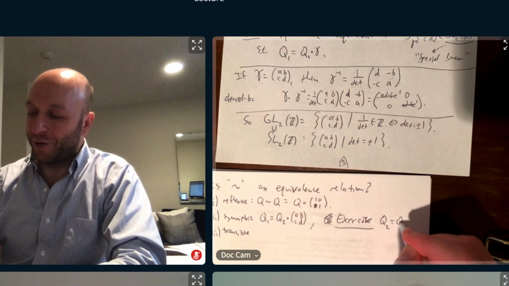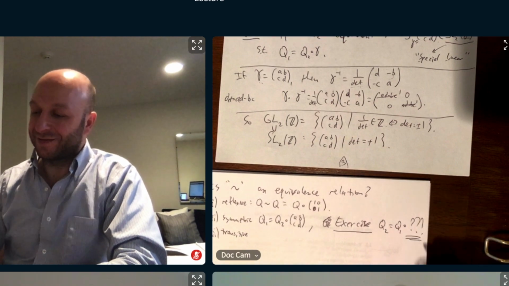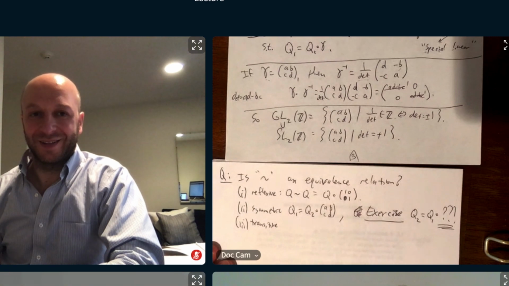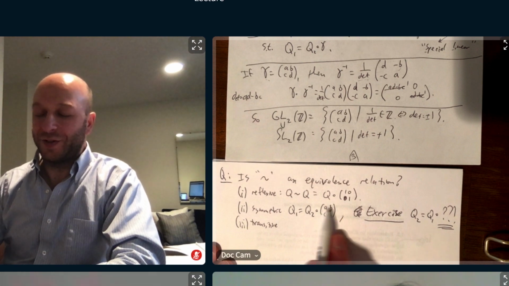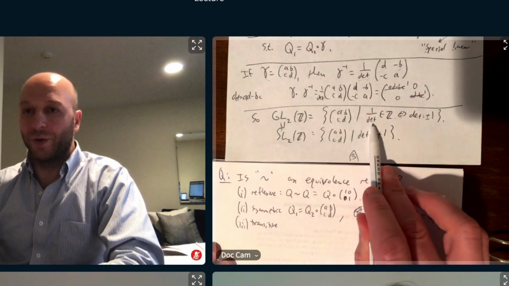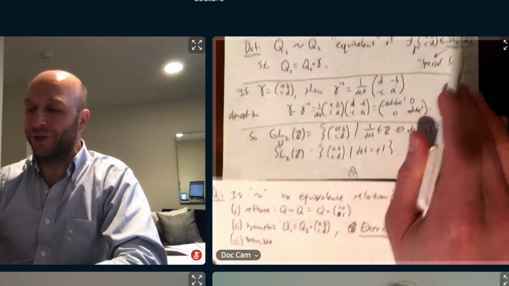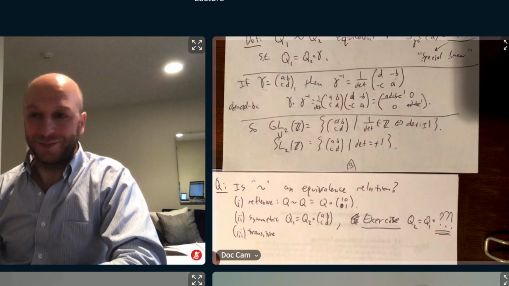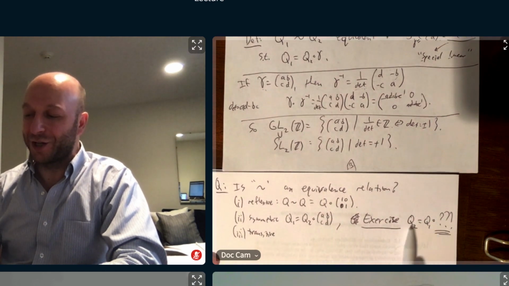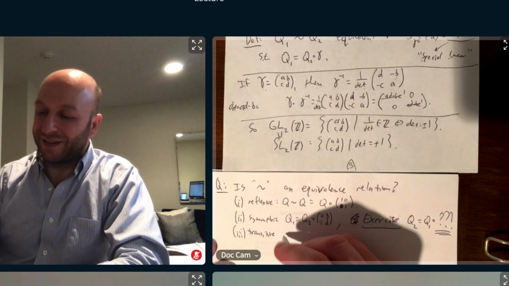Q2 is equal to Q1 composed with what? Okay, so work out what it is. Is it the inverse? Remember, we said that the determinant was going to be 1. We made our definition in the special linear group. So actually, you don't have to divide by the determinant any longer. But you should see this relationship. That's symmetry. And how about transitivity?